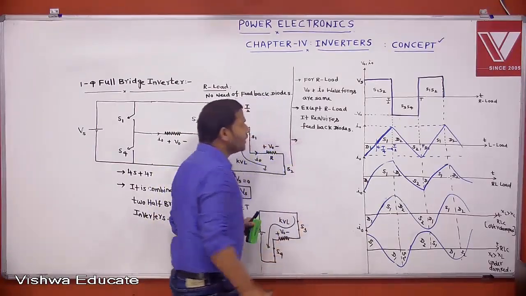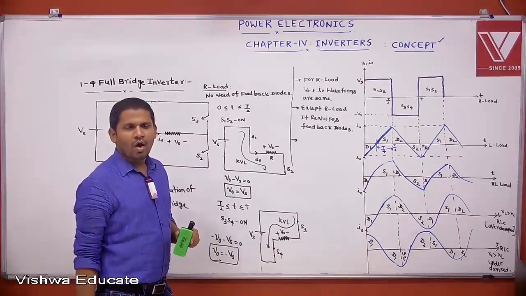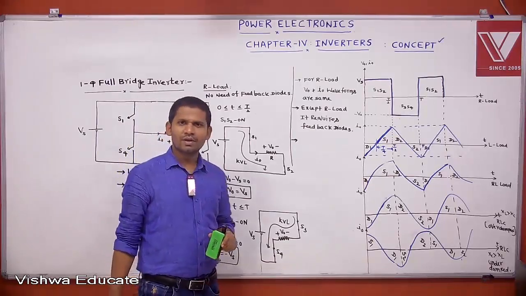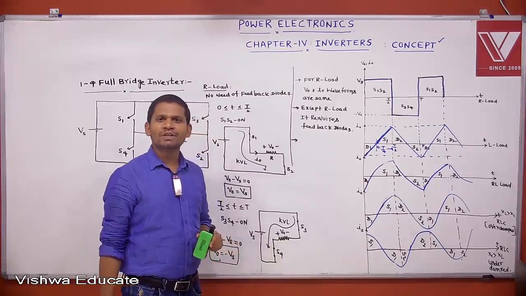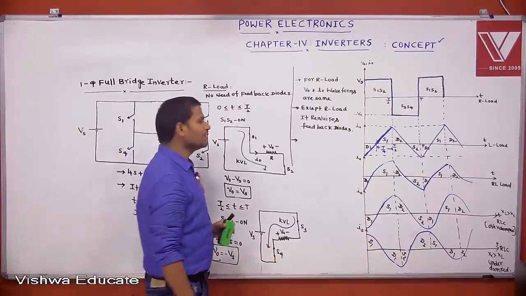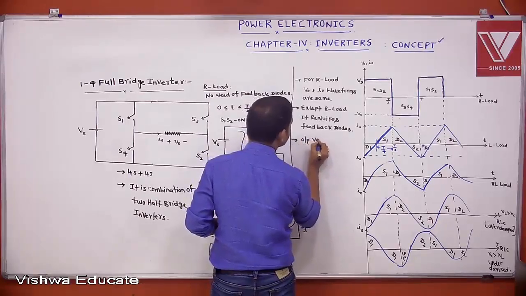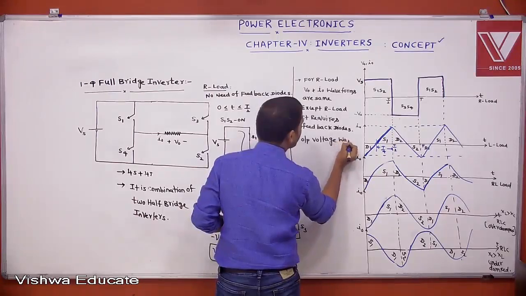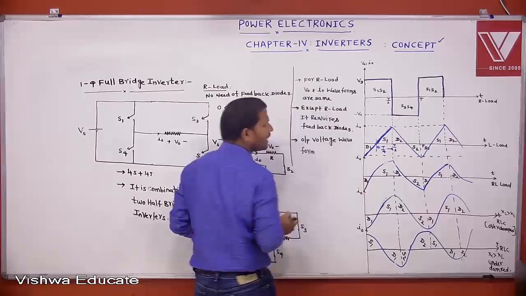based on the load, same points that I gave in half bridge inverter. Output voltage waveform is independent of the load parameters. But based on the load, which waveform will be changed? Current waveforms are changing, not the output voltage waveform, because it's a voltage source inverter. In the differences, that concept I explained.